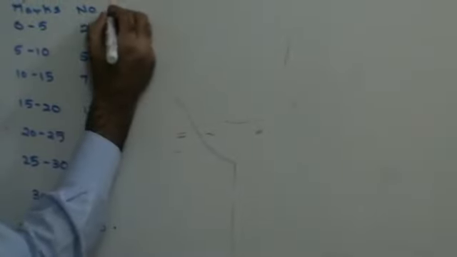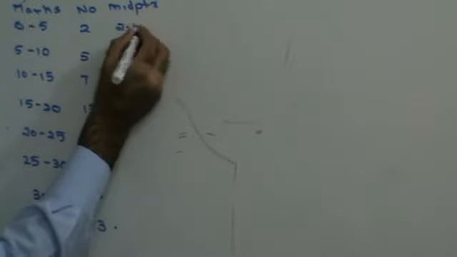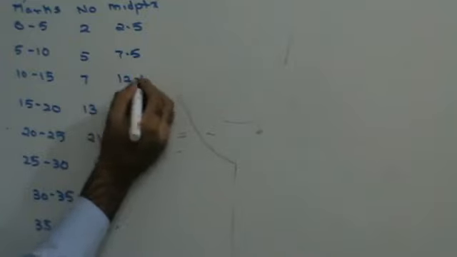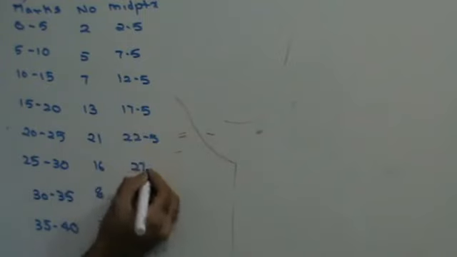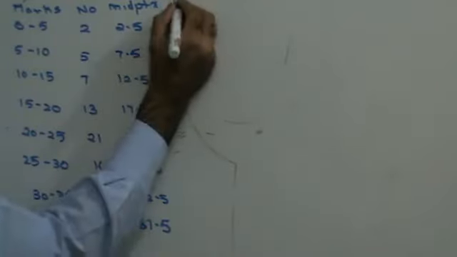Right? Similar to the previous sum, first let's find out midpoint x. That's going to be 2.5, 7.5, 12.5, 17.5, 22.5, 27.5, 32.5, 37.5, right? Now let's find out u.